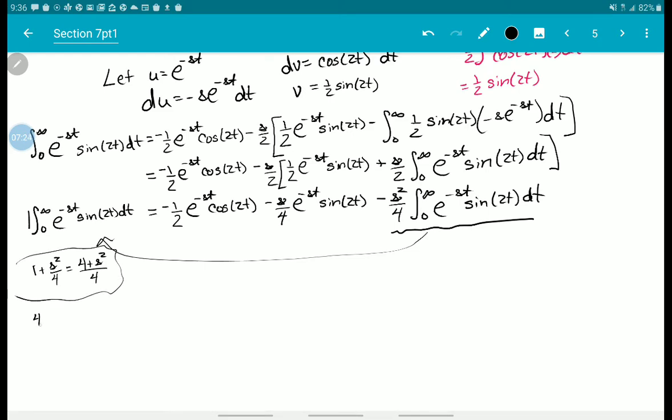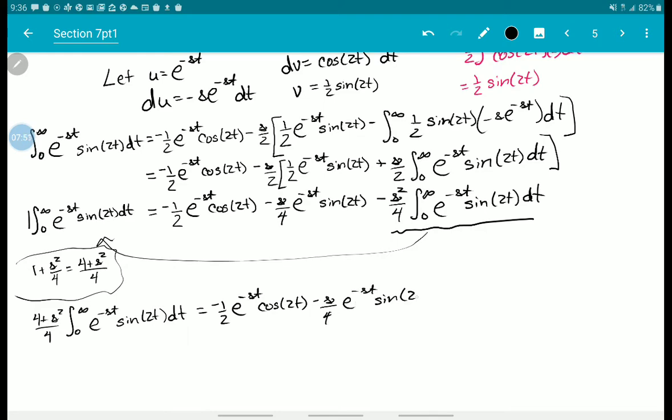Now we have 4 plus s squared over 4 times that integral. And that's going to be equal to negative 1/2 e to the negative st cosine of 2t minus s over 4 e to the negative st sine of 2t.